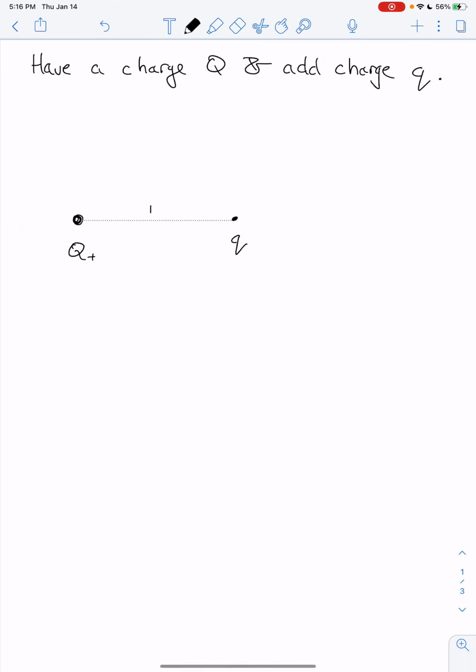And so what's going to be the interaction between these two charges? Well, if little q is also positive, then they're going to repel one another. So there will exist a force.